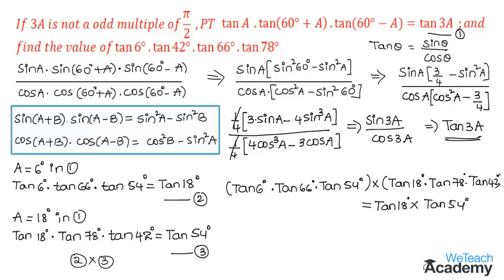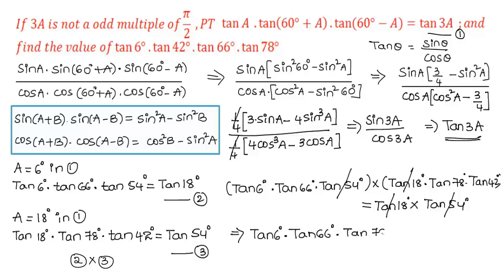Here, tan 54 on the LHS and tan 54 on the RHS get cancelled, and similarly tan 18 also gets cancelled. So we get tan 6 degrees into tan 66 degrees into tan 78 degrees into tan 42 degrees is equal to 1. Hence 1 is the value of tan 6 degrees into tan 42 degrees into tan 66 degrees into tan 78 degrees.